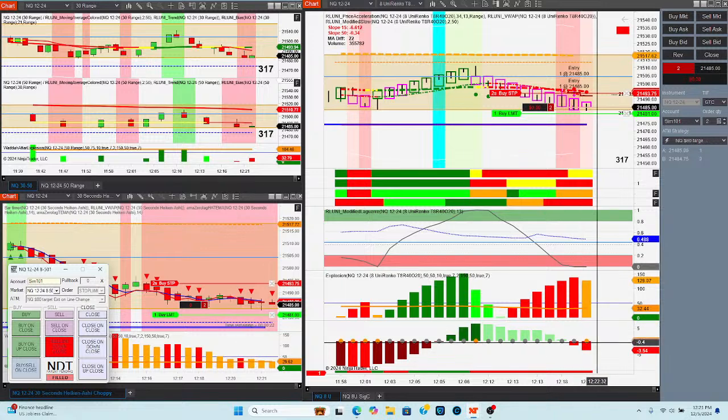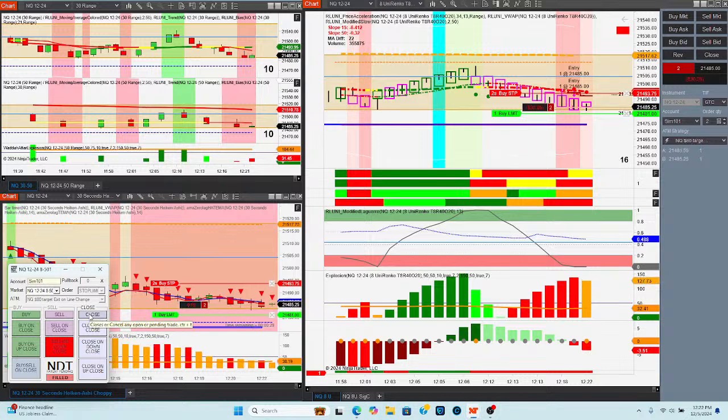Got my explosion indicator there. I mean, my squeeze. Now, what I'm not liking about it is, well, I'm not sure why this is going green up here. I am like one tick away.